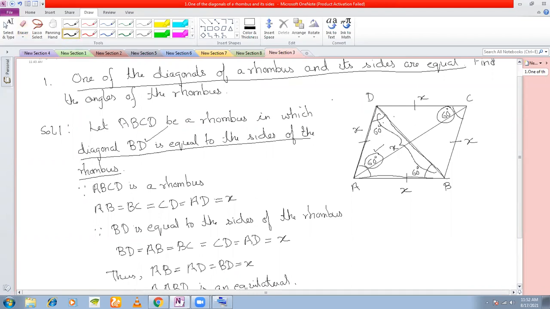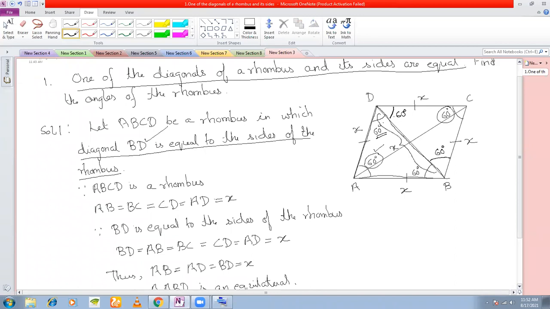The diagonals of a rhombus will bisect its interior angle. So therefore, this angle will also be 60 degree because this angle is 60 degree. Similarly, this angle will also be 60 degree, right?